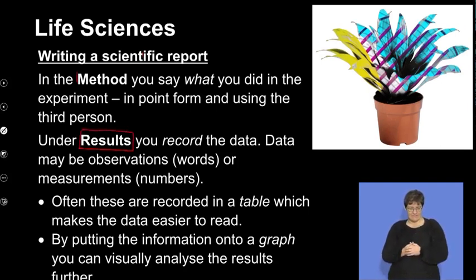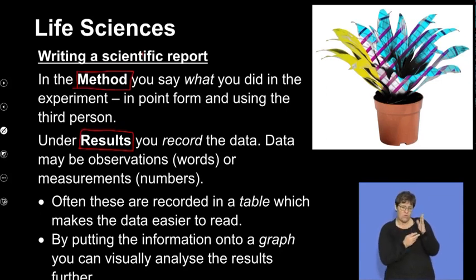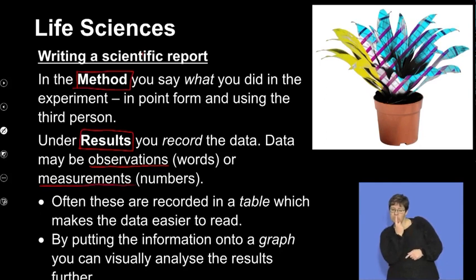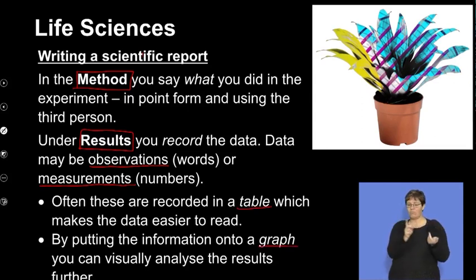So there's method, how you're going to do it, and results, which can be observations or measurements. And measurements are often recorded in a table, which makes it easier to read, or even a graph, which means you can look at the graph and you can understand how your experiment is working.